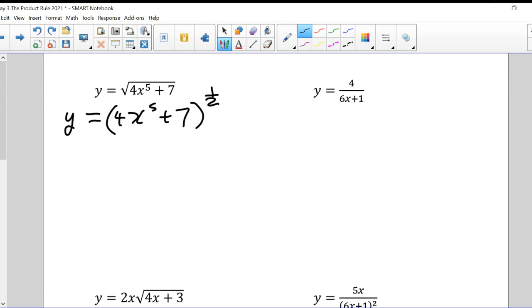So it's really the chain rule that we're using here. So we're going to go ahead and take that half and multiply it by the whole function. So 4x to the power of 5 plus 7. Raise that to the power of minus a half. Then multiply that by the inside function, which of course is 20x^4.